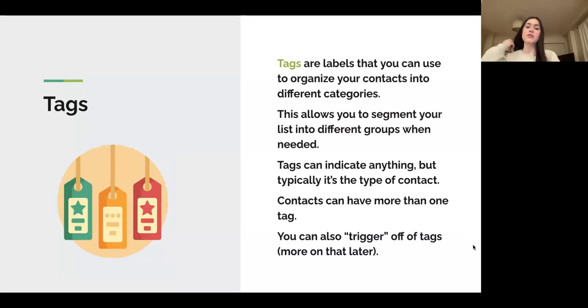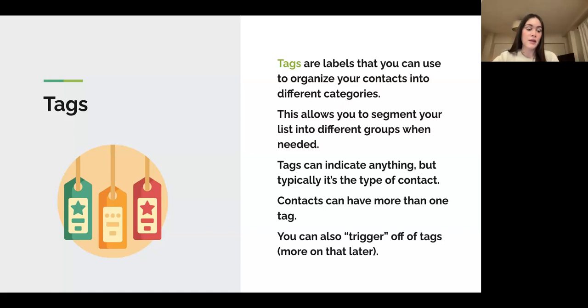Tags are labels that you use to organize your contacts in different categories. This will allow you to segment your list into different groups when needed. Tags can indicate anything, but typically it's the type of contact, and contacts can have more than one tag, and you can also trigger off of tags.